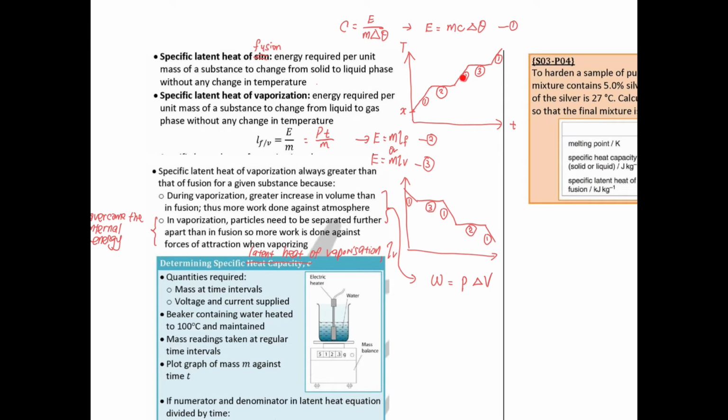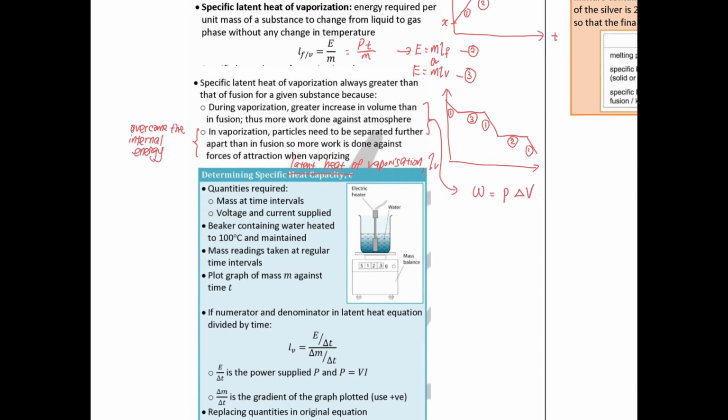So don't include this part. Heating up the liquid is related to specific heat capacity, so we don't want to involve this part. We want this alone. So we have to heat the liquid until 100 degrees Celsius, then we start the timing. Okay, so that's how you can see here.